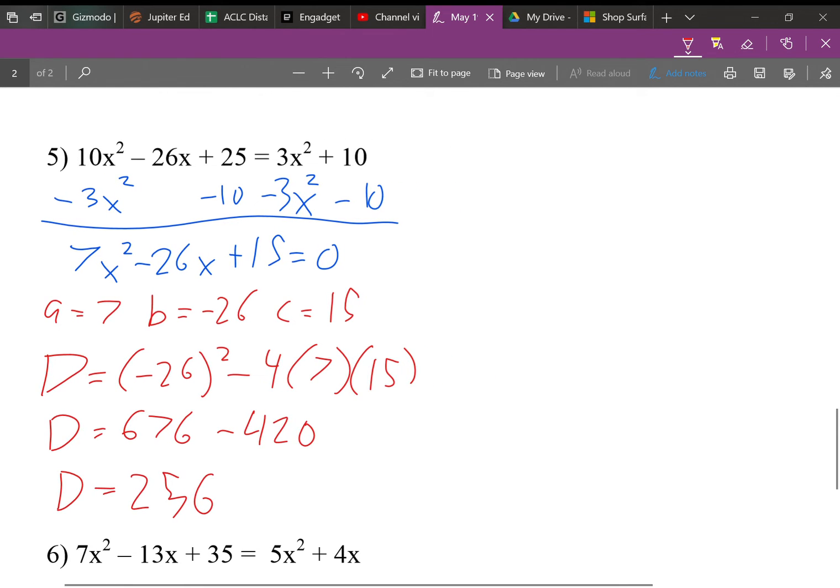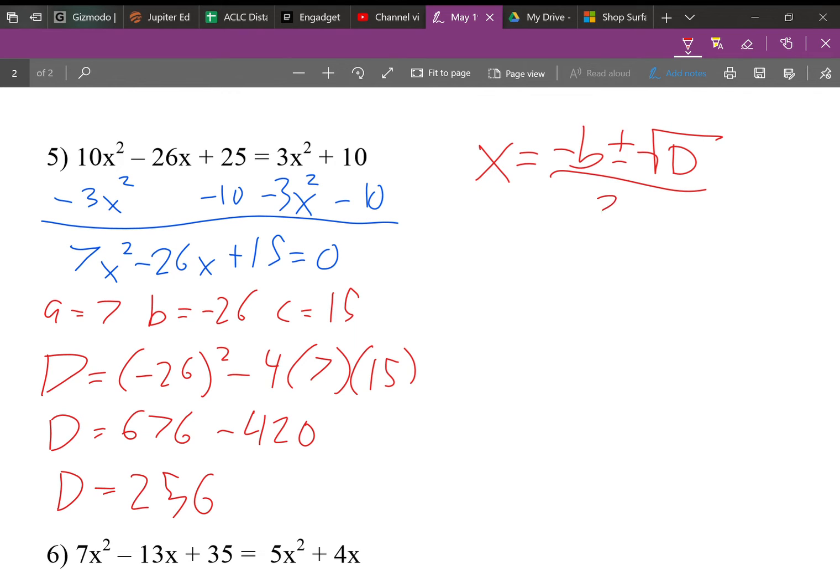The form of the quadratic equation we're using is x equals negative b plus or minus the square root of d all over 2a. So when I plug in my numbers, I get negative, I'll be careful here, this negative b is negative 26, so it's negative parenthesis negative 26, plus or minus the square root of 256.